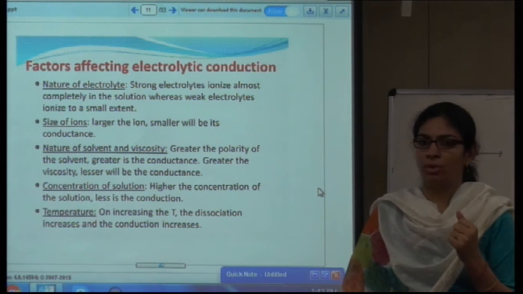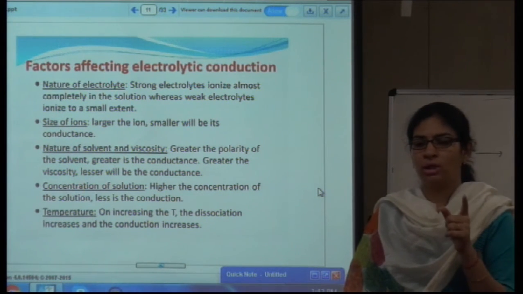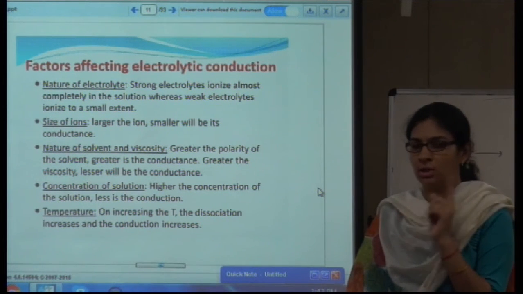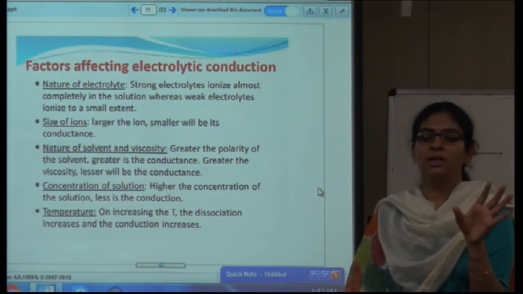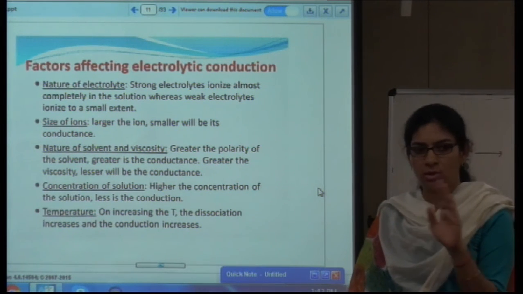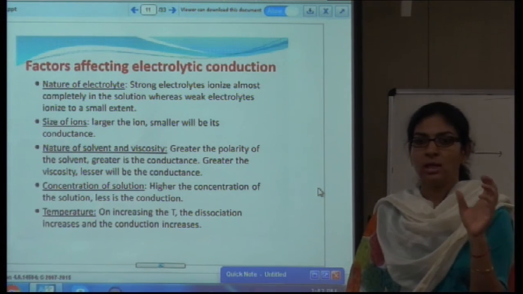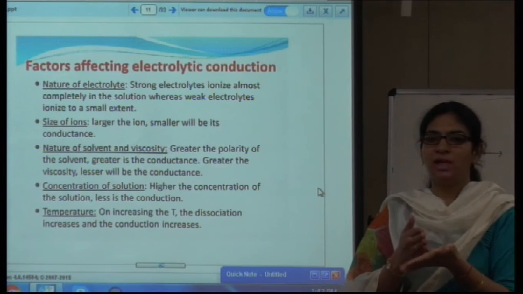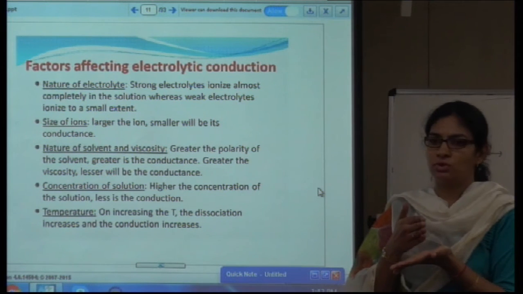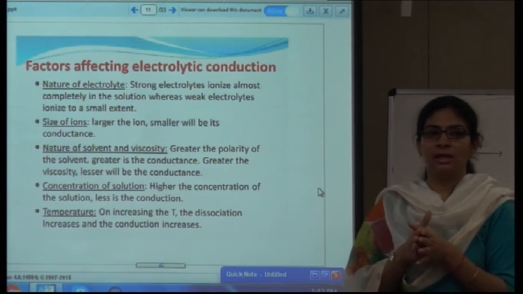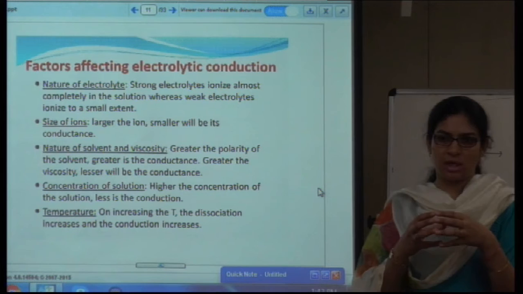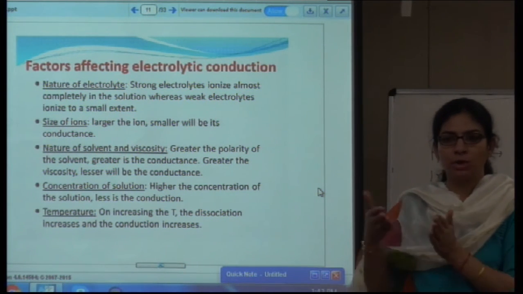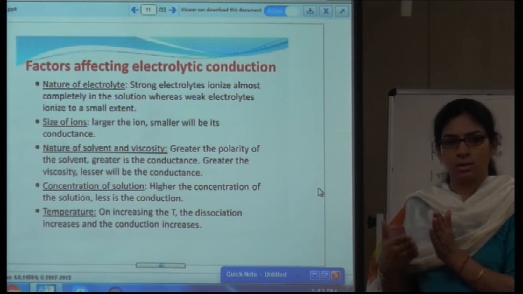Concentration is also important, but more so in the case of weak electrolytes, because strong electrolytes, irrespective of concentration, are fully dissociated at all concentrations, right? Forget about strong and weak now. If you talk in terms of a general electrolyte, you will say that with concentration, conduction decreases, because if you have a dilute solution then conductance is more.